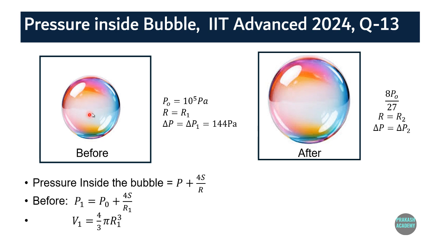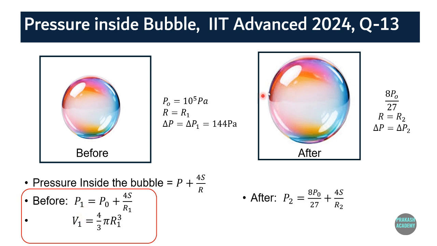We can also find the volume of this bubble. In this case it is spherical, so the volume will be 4 by 3 pi R1 cube. So initially we know P1 and V1. Now once we reduce the chamber pressure, P2, the pressure inside this bubble, will be chamber pressure 8 P naught by 27 plus excess pressure 4S by R2, because the radius is R2.